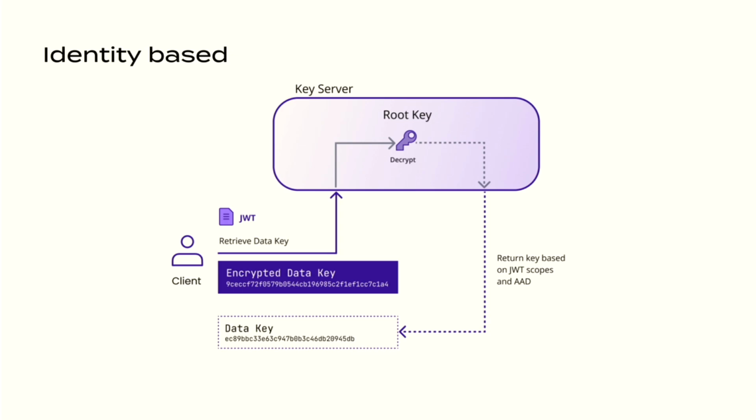Is it stored in the right table? Is it stored in a particular table? Is it a certain row ID? Was it created by a certain person? The key server can now make a bunch of decisions based on that information as to whether or not it will allow you to have a data key and thus decrypt and access the data.